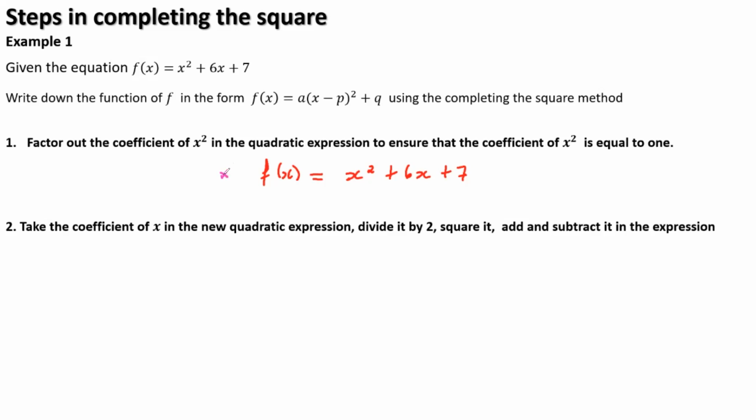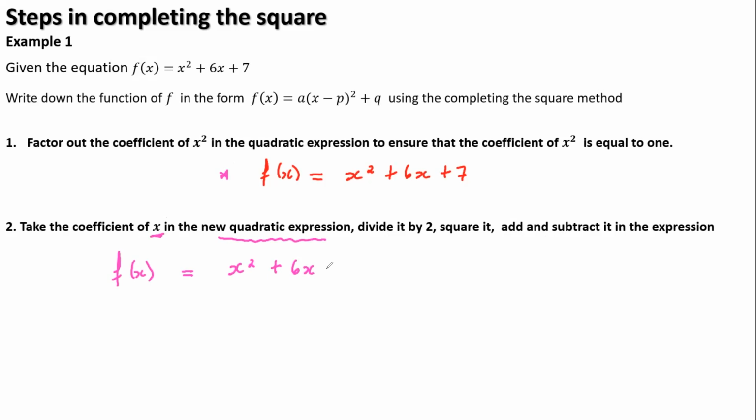So I'm here right now. I'm going to rewrite this as f of x is equal to x squared plus 6x. Take the coefficient of x in the new quadratic expression. All right. Divide it by 2. Square it, add and subtract it in the expression.